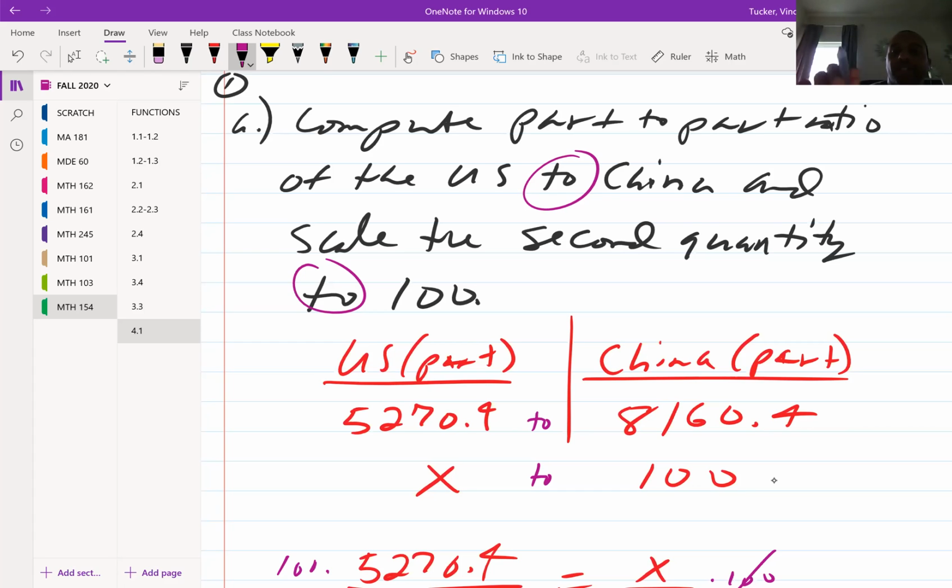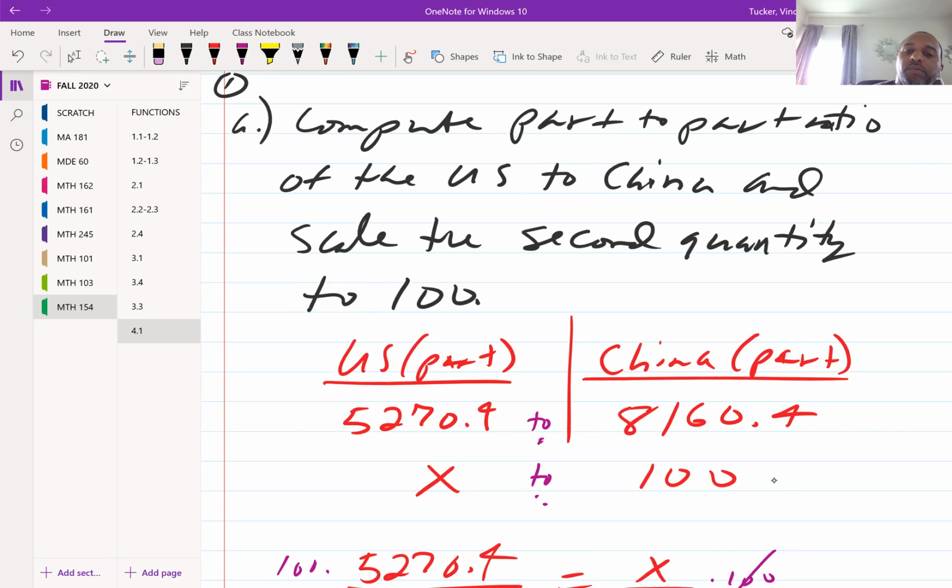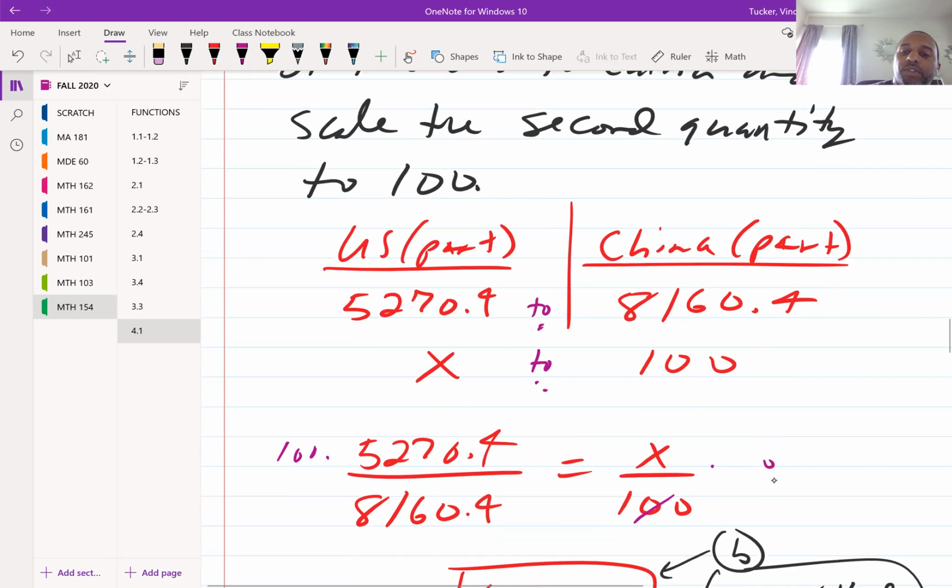US to China, then second quantity to 100. That's how we set up our ratios: we take that 5270.4, place it over the 8160.4, and set it equal to x over 100.